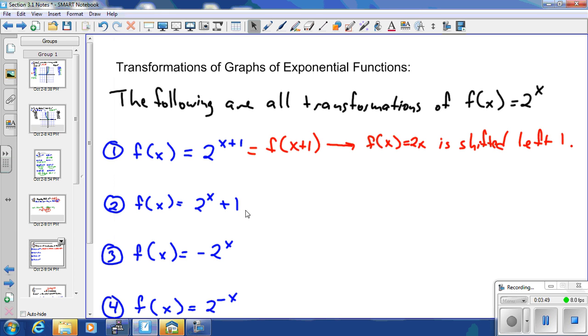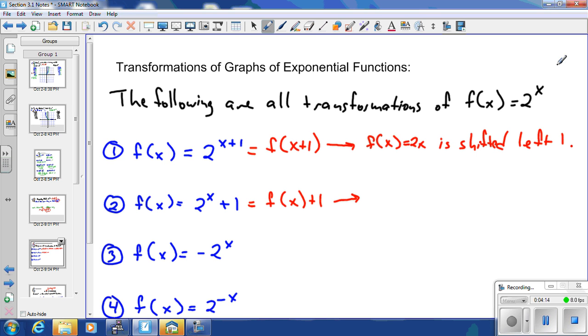Okay, the second one here, this is the same thing as having f of x plus 1. F of x being the original 2 to the x. Well, if we think back, what that means, this is just going to be a vertical shift.